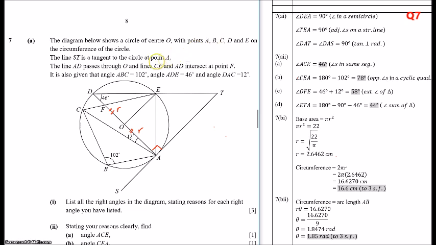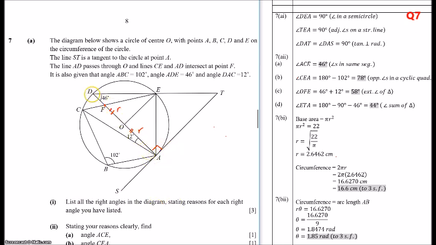Okay, next. CE and AD intersect here, so maybe I'll just put a dot here. I don't know what this is for yet. After that, angle 102, angle 46, angle 12. Okay, so I've listed down everything. So let's start. List all the right angles in the diagram. I obviously have one that's here.